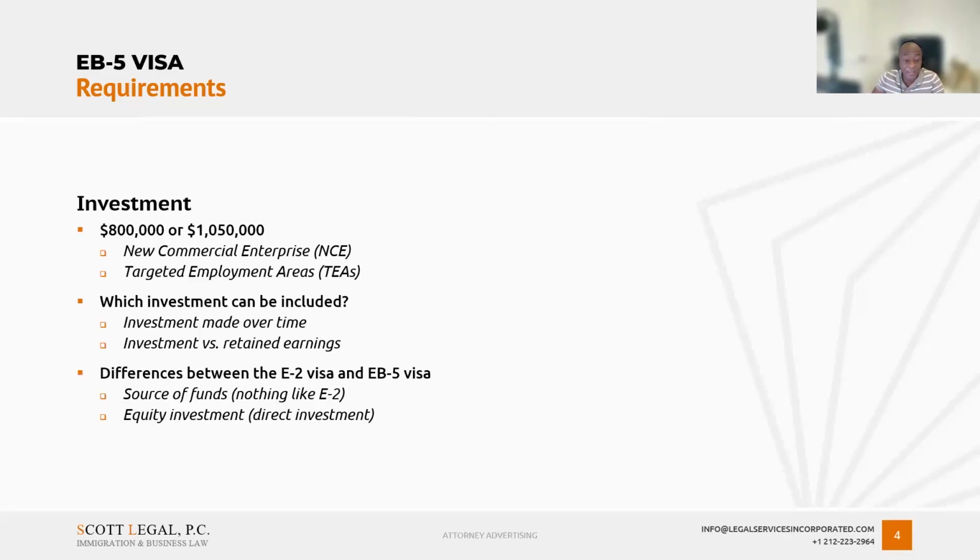And as I said, that exercise, the source of funds analysis, is extremely specific, exacting, and much more like an audit. I do believe that USCIS, in their interpretation of the regulations, far exceeds the plain reading of what the statute says with respect to this.